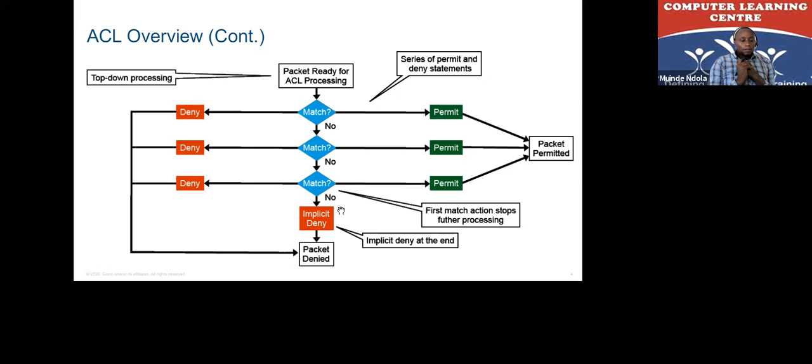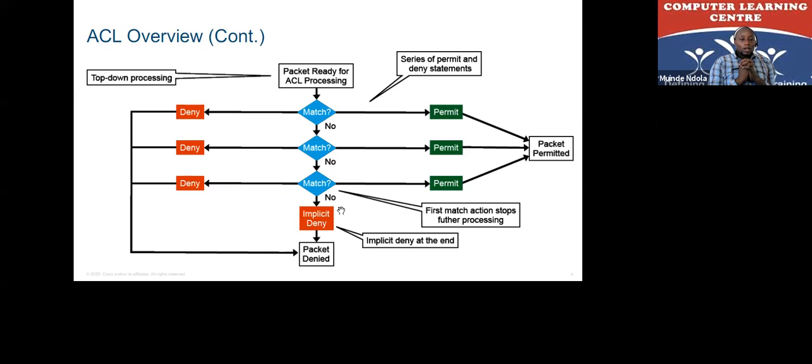At the end of every access list, there's a statement that we don't configure, called deny all, or what we call the implicit deny all. That statement is not seen, so whatever is not permitted will always be denied.